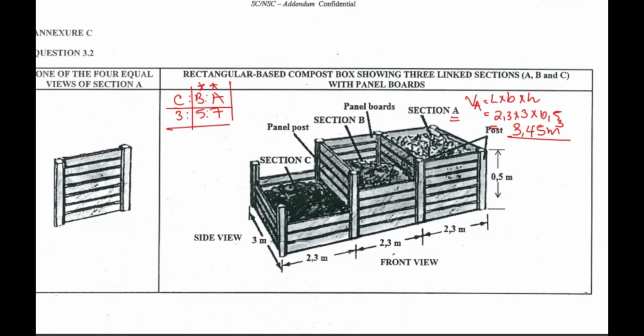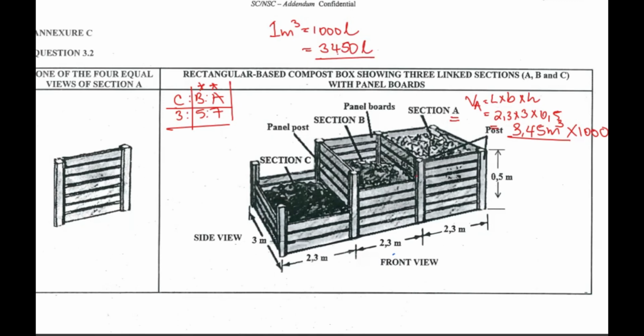So if you want this to become liters, you have to know that 1 meter cubed equals 1,000 liters. So just multiply by 1,000, and they have a capacity of this much. So section A only has this much.